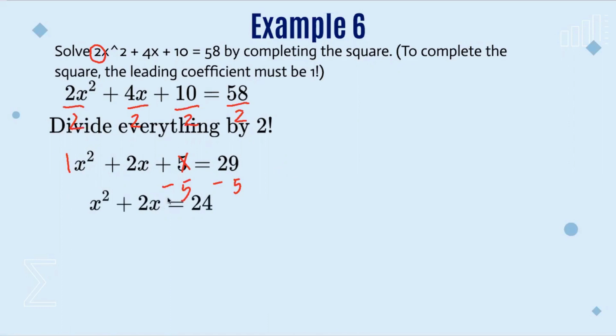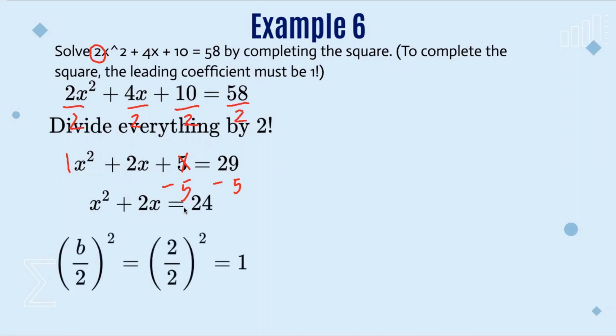And now I can add my c value. Again, the formula for your c value is b over 2 squared. In this case, our b value is positive 2. So 2 over 2 would just be 1. Then 1 squared would just be 1. And so you can go ahead and add that to your binomial expression and also to both sides of the equation. So you would have x squared plus 2x plus 1 equals 24 plus 1.